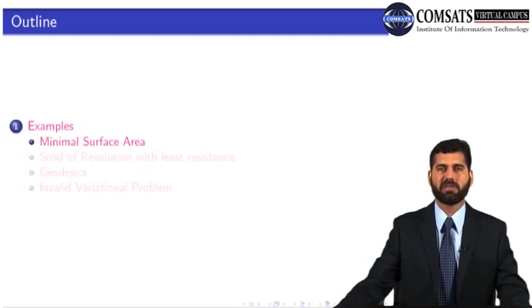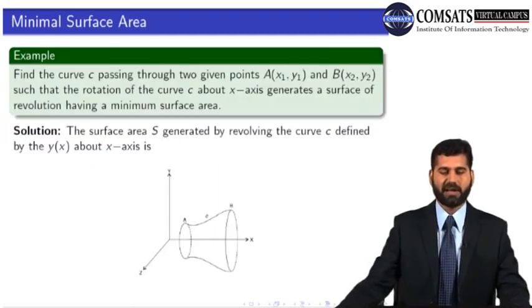So first example is minimum surface area. Find the curve C passing through the two points A (x1, y1) and B (x2, y2) such that the rotation of the curve about the x-axis generates a surface of revolution having a minimum surface area. So this is the problem.